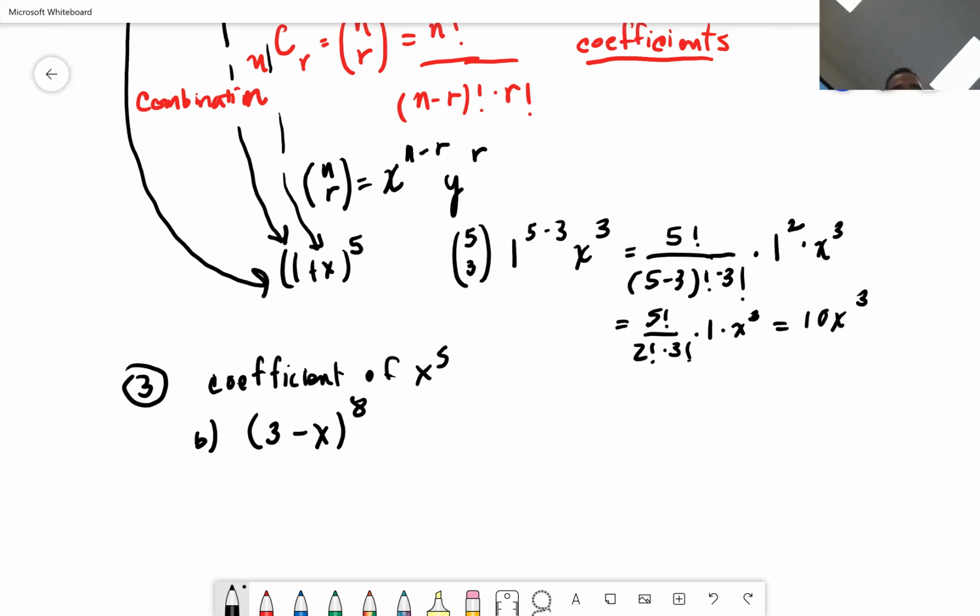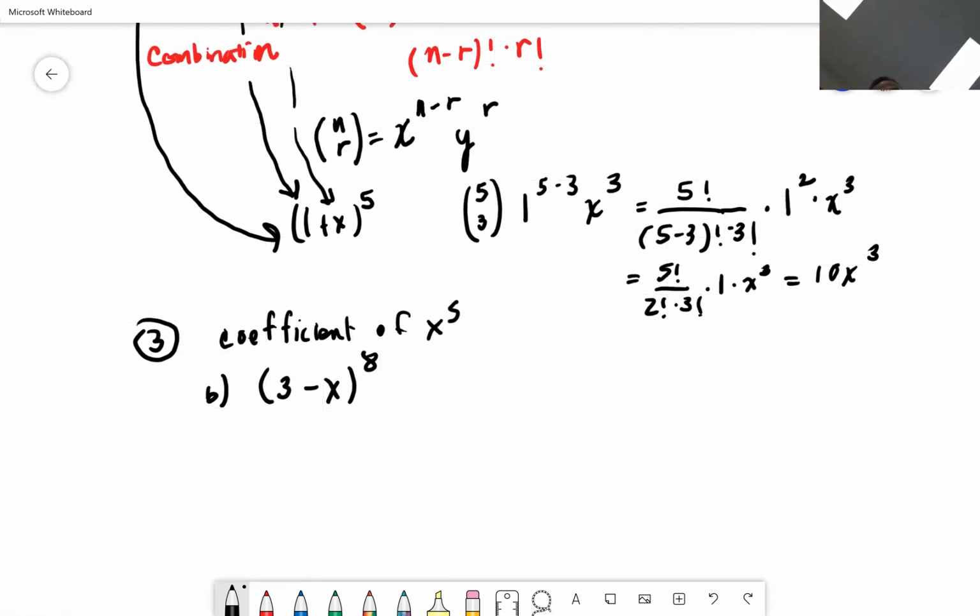Now, if you look up top, you just have to remember that in general, x plus y to the n equals nCr x to the n minus r, y to the r. So if you want the 5th power here for the x, so this is your x, then your r has to be 5. Does everybody see that?